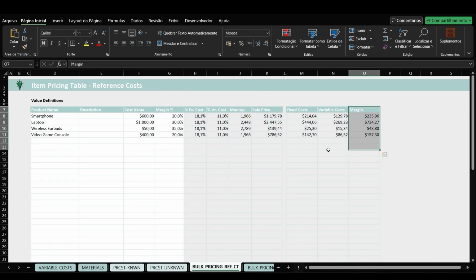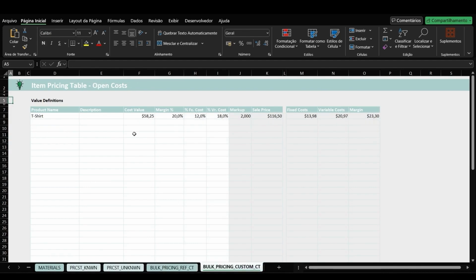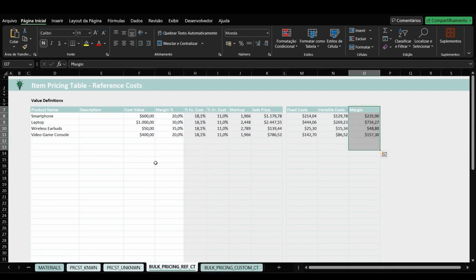Remembering that in this case, the spreadsheet takes into account those percentages of fixed and variable costs that you had informed. If you want to stray from that rule, there's another tab here, where you can input your own fixed and variable cost percentages. Although I wouldn't recommend it, it's an option you have as well.